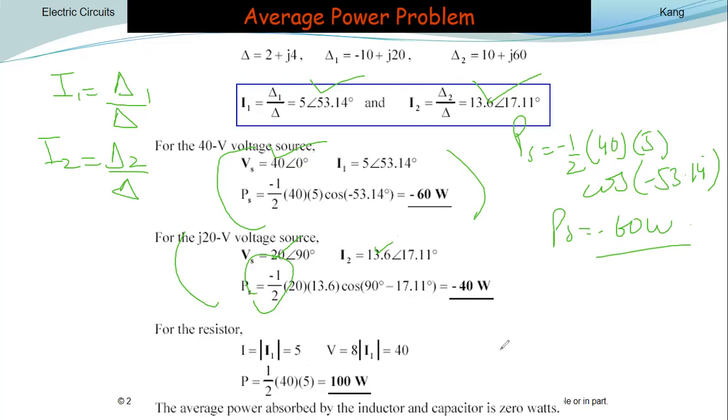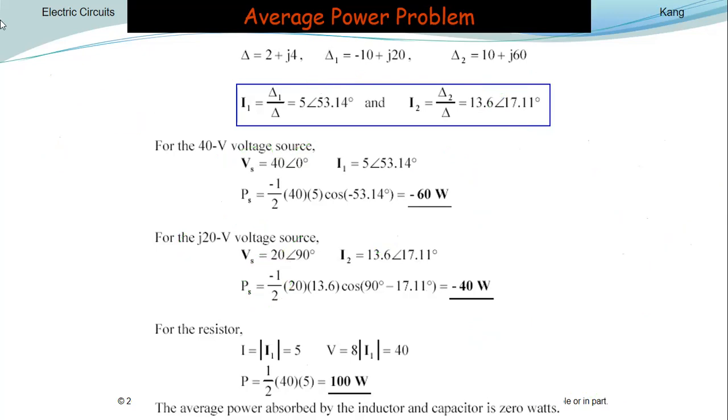So this is the value of P equals half of 40 into 5, so it will be equal to 100 watt. It's the method to find the average power absorbed by the inductor and capacitor.